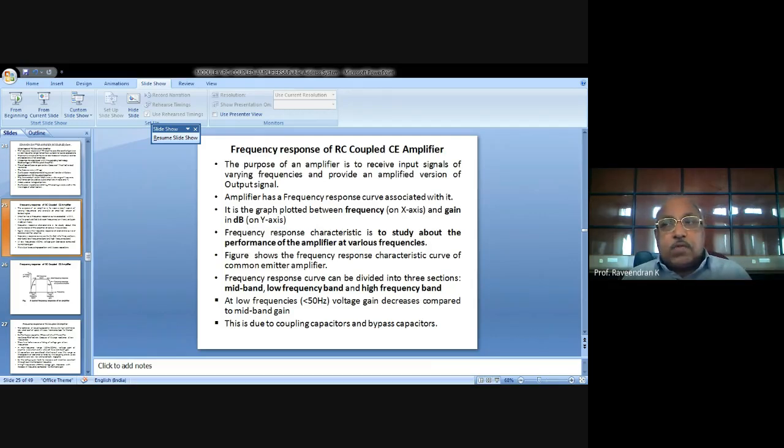The frequency response, or the gain of the amplifier, is usually represented in terms of dB gain.